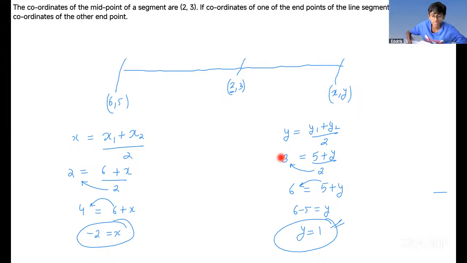Wait, sir. 2 is equal to x1 plus 6 by 2.